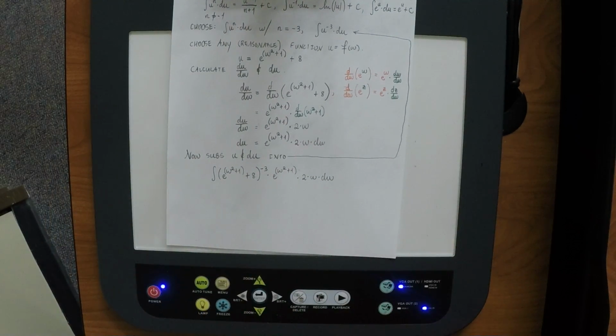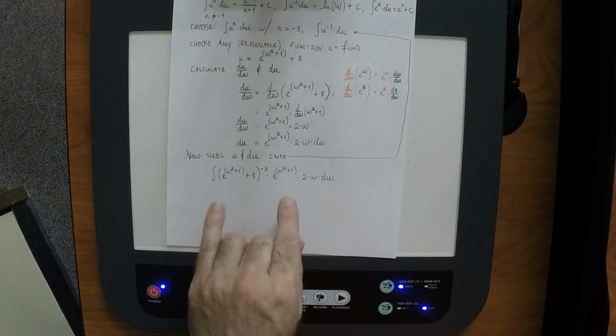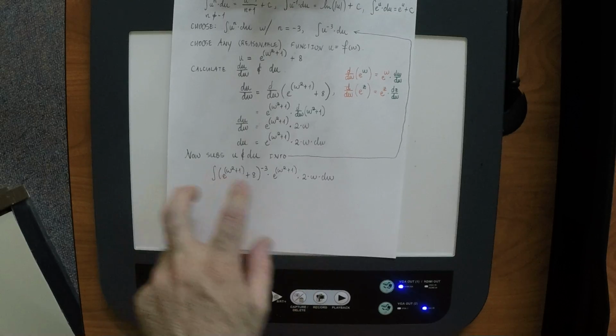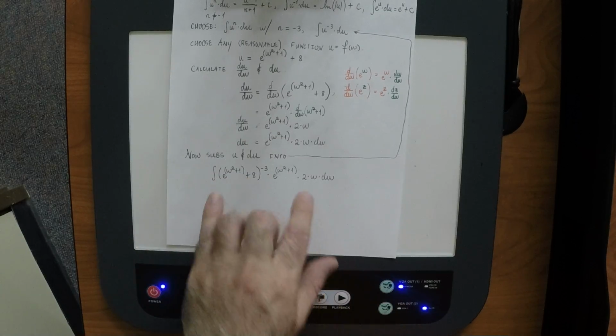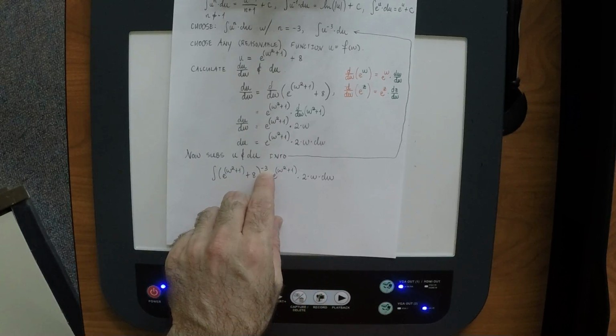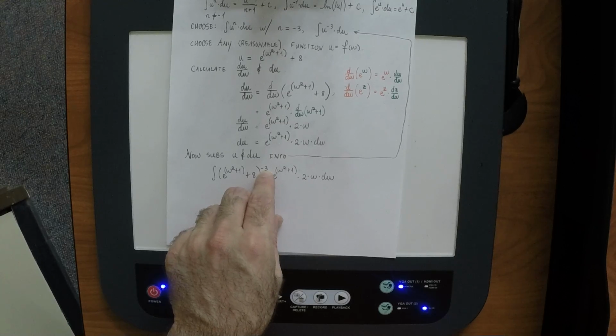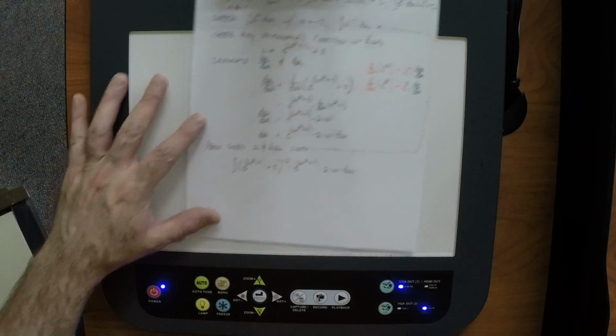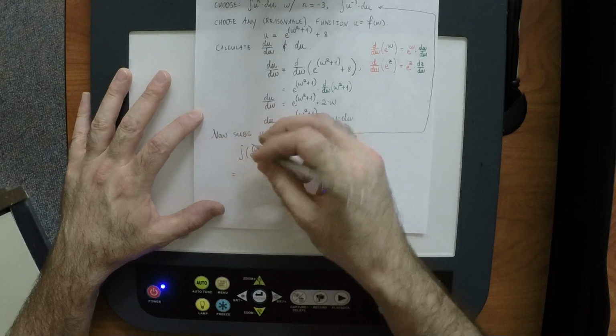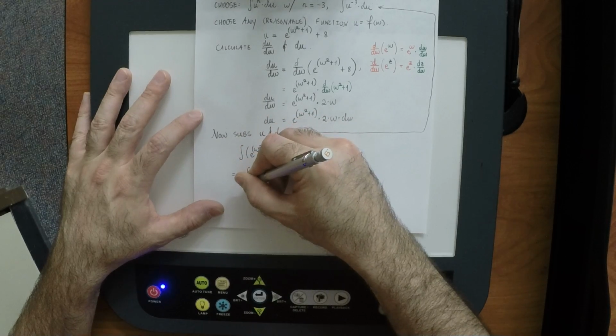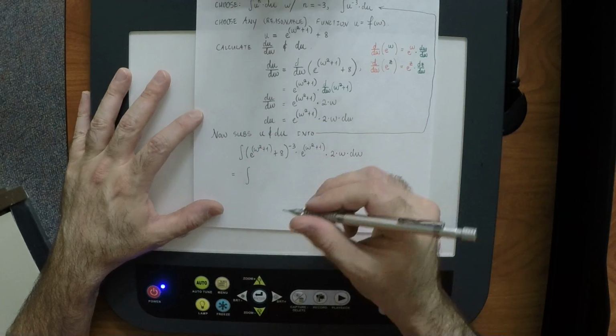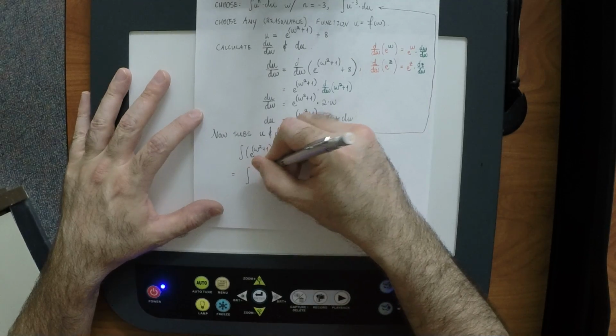And so now we can make it look slightly different. What I'll do is this is a perfectly reasonable way to write it, but I'm going to write this as a positive exponent by moving it to a denominator, and like this, so that the result looks like this.